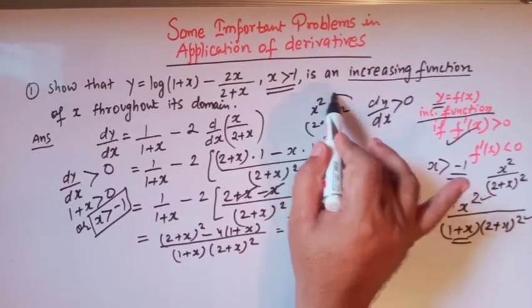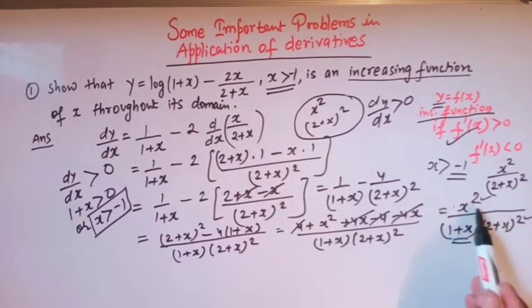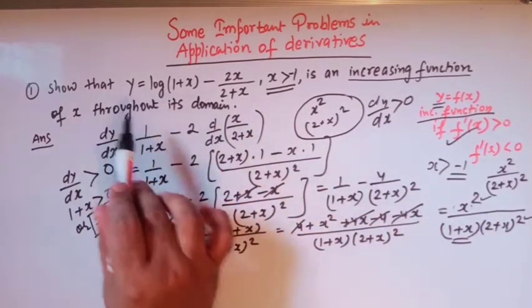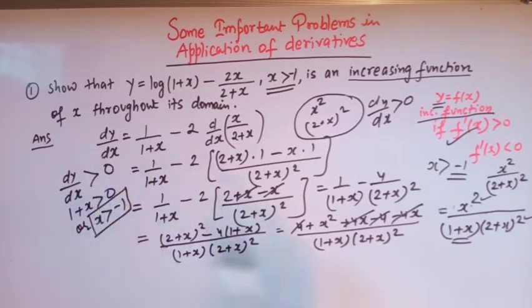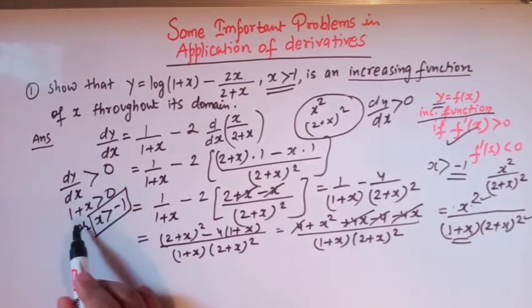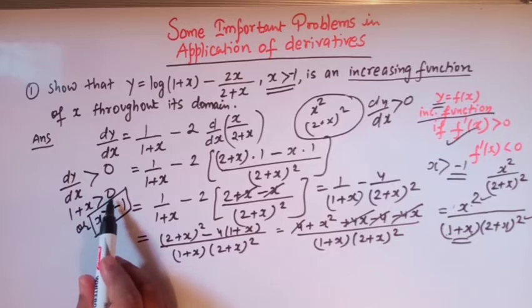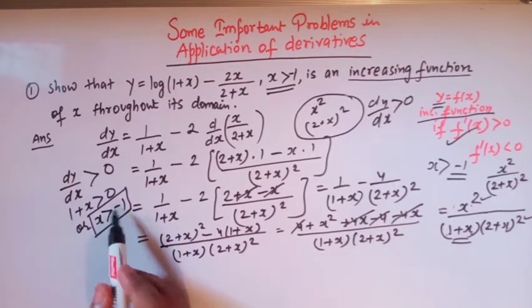So what I mean to say is that these two terms are always non-negative, so the deciding term for dy by dx to be greater than 0 is this term, that is 1 + x. So for dy by dx to be greater than 0, 1 + x must be greater than 0, or if we solve it, then we have x greater than minus 1.